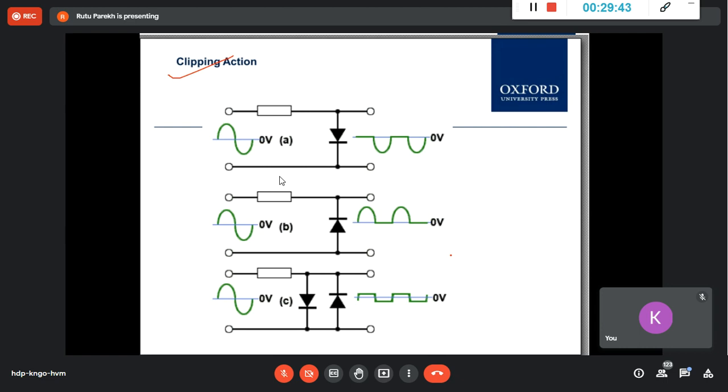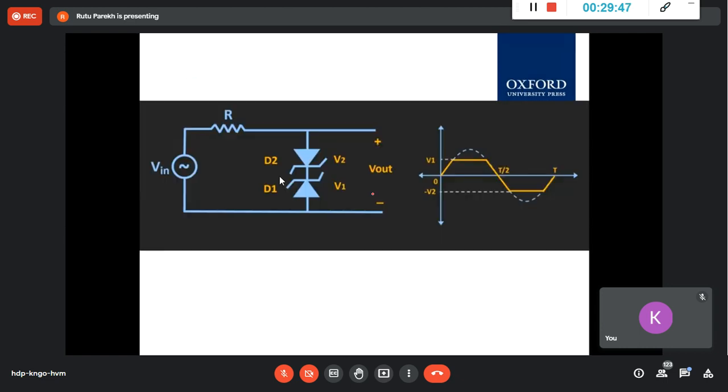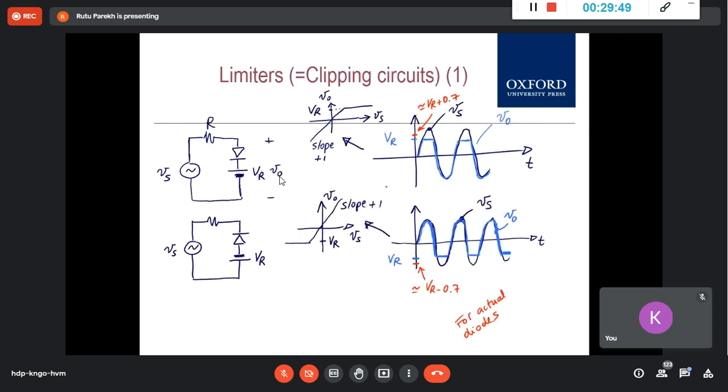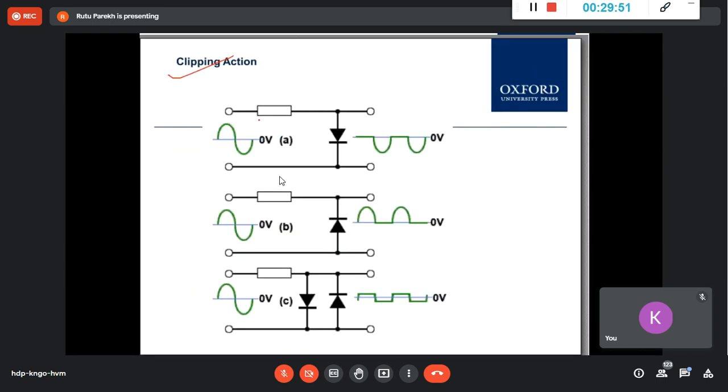So now let us understand these circuits to understand these applications better. This is known as clipping action, where to protect your circuit from overshoot we will clip.